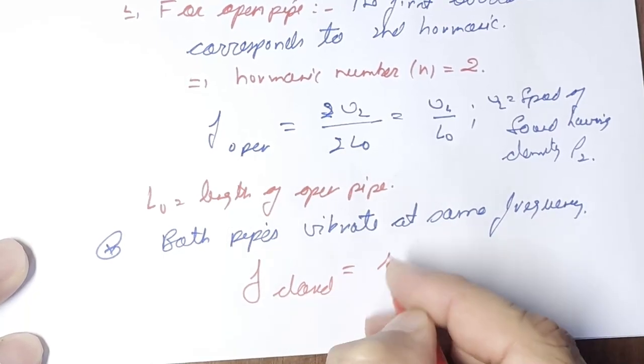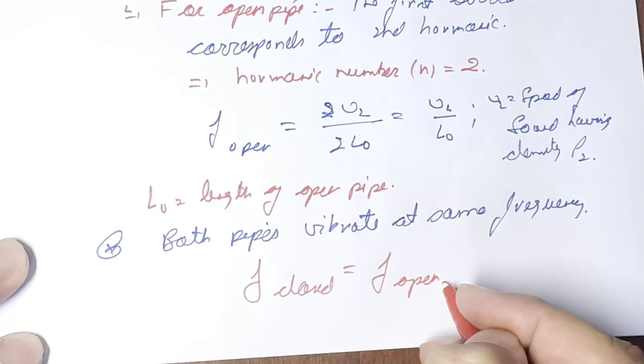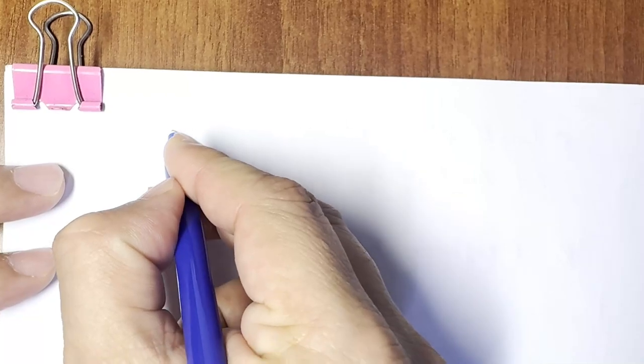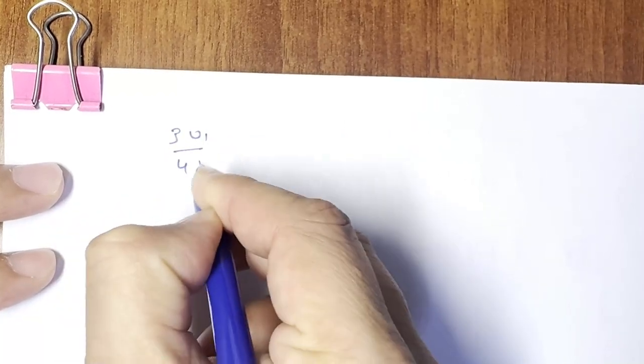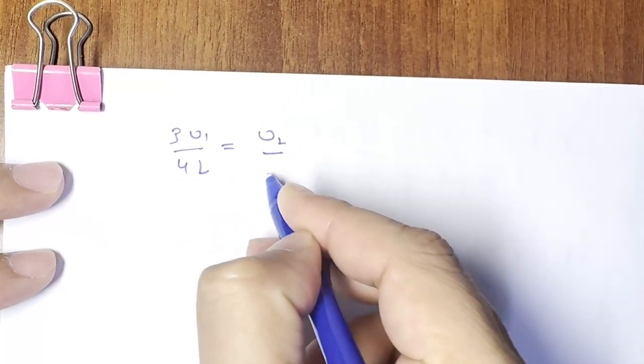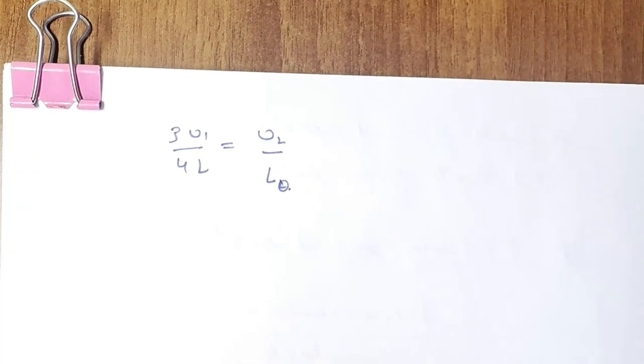We substitute the respective values and we get 3V1 by 4L is equal to V2 divided by L naught, and we are supposed to find out L naught.